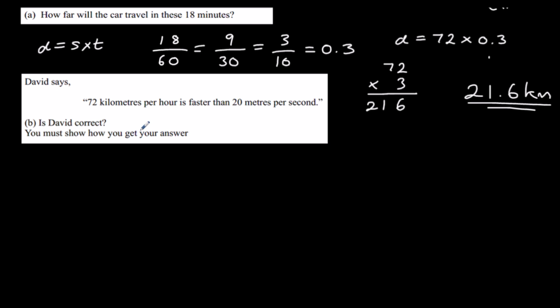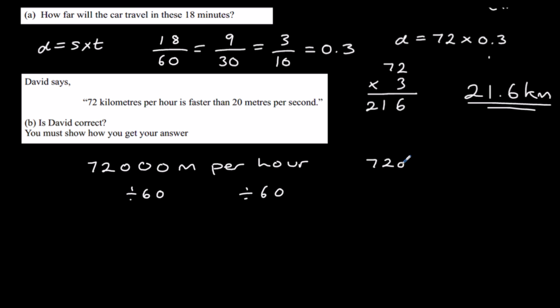So 72 kilometers is 72,000 meters per hour. So if we can go 72,000 meters in an hour, we can divide that by 60 to work out how far we go in a minute. 72,000 divided by 60.